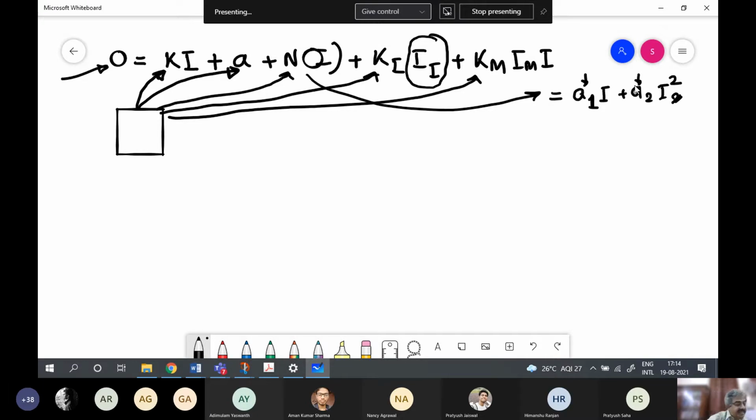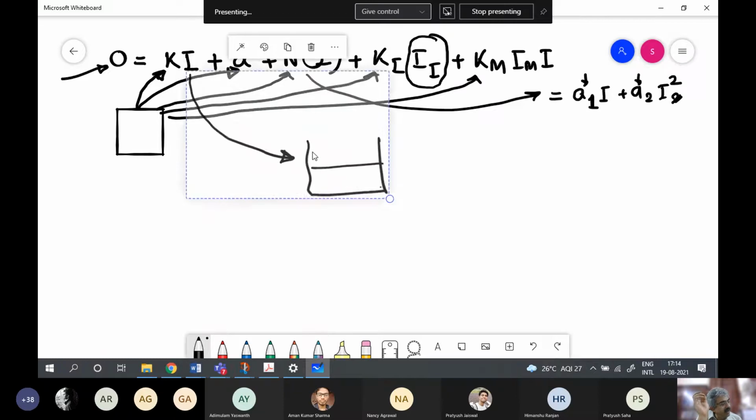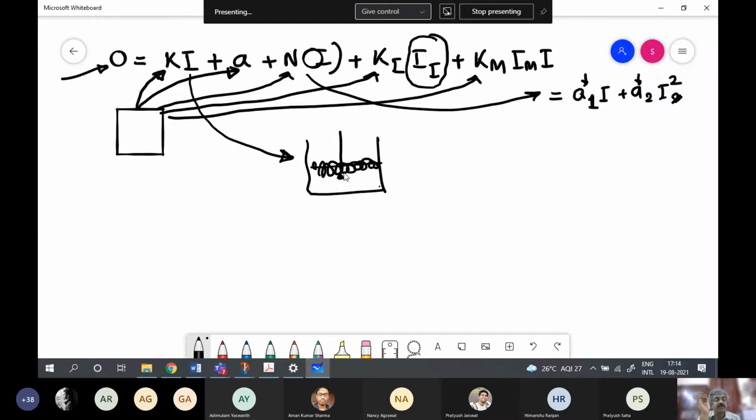So we are trying to characterize that if we take one instrument, and suppose it is a temperature measuring instrument, let's say a thermometer, and we dip the thermometer into some boiling water. We dip it today, we dip it tomorrow, we do 100 such experiments.